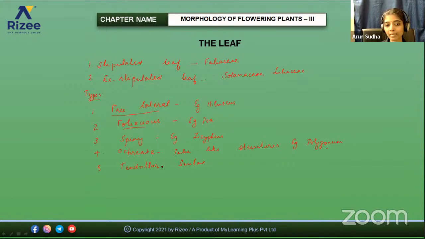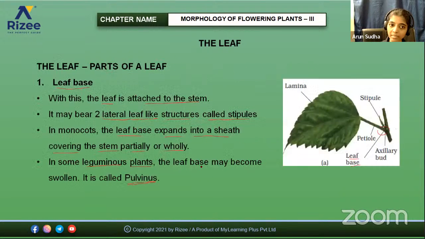And tendrillar stipules, example smilax. So we saw the leaf base, and it may bear two lateral leaf-like structures called stipules. The structure of the stipule may vary in different plants. Okay, is it clear?